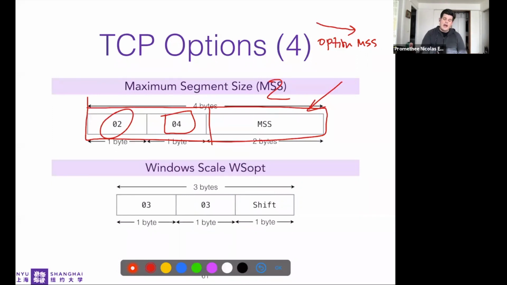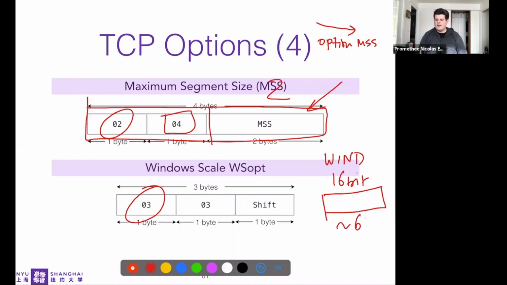Good. Then we have the window scale. What does it mean? You remember the window is 16 bits long, so it means that this is 64K. Well, nowadays, most of the buffers that we have are not so limited. 64K, I mean, come on. We all have computers with gigabytes, right?